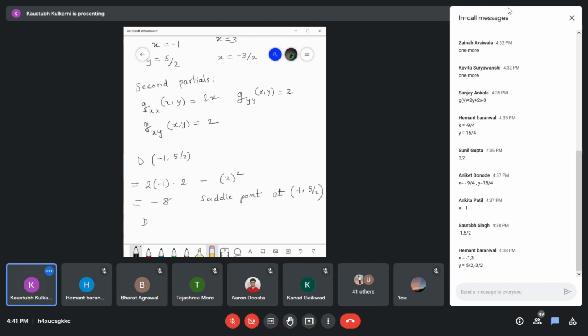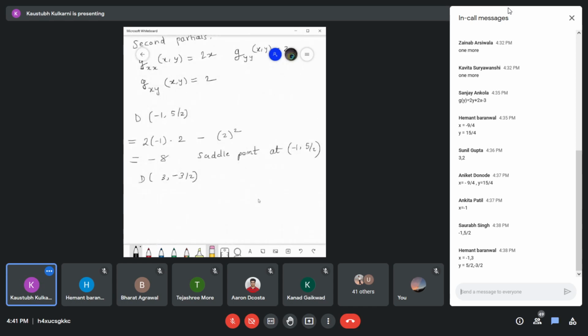Now testing for 3 comma minus 3 by 2. So this is equal to 8.